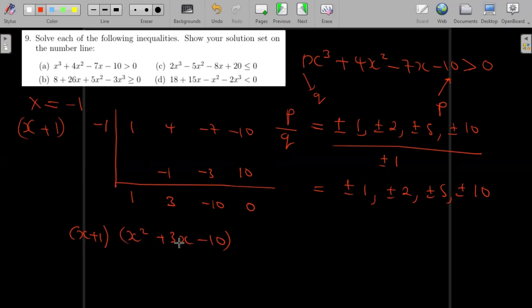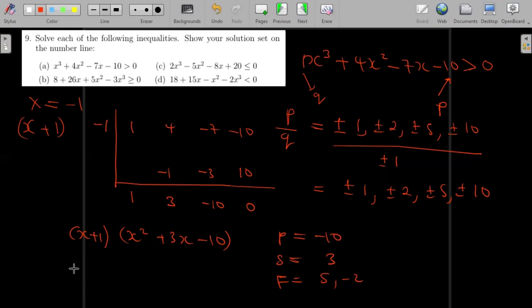Then we have to simplify this as well. So what do we do? I think here I can get my product. Product is -10, my sum is 3. So what are my factors? My factors are going to be 5 and -2, because when I add, I get 3, and when I multiply, I get -10.